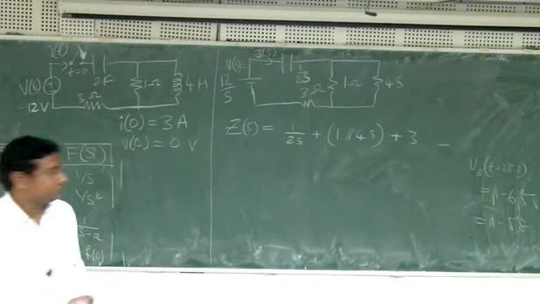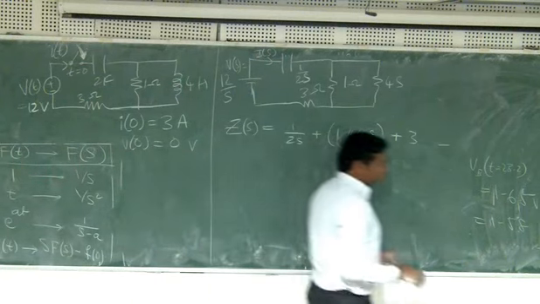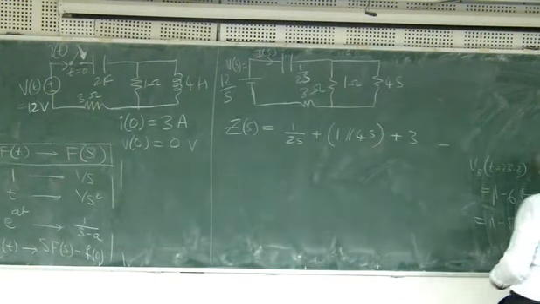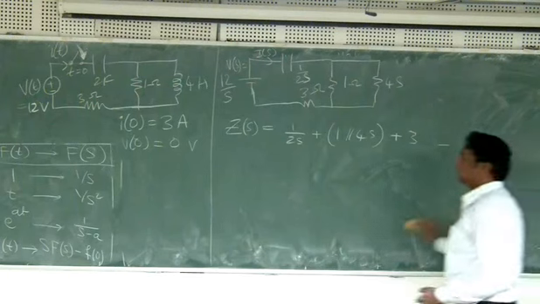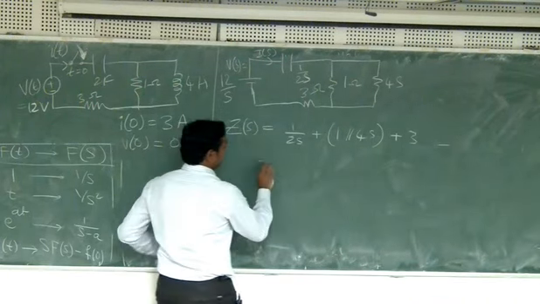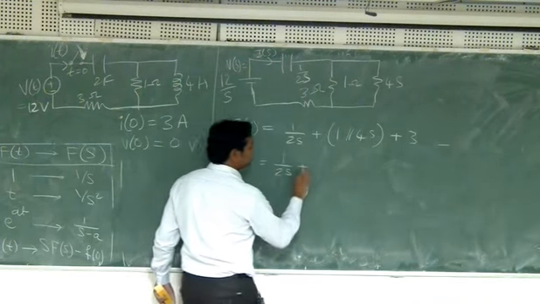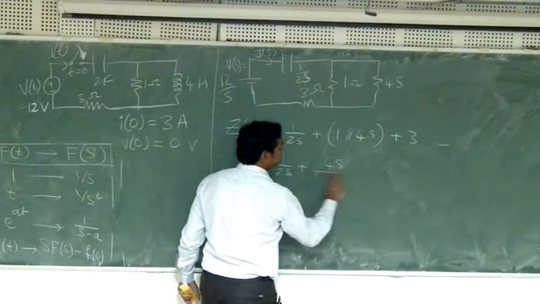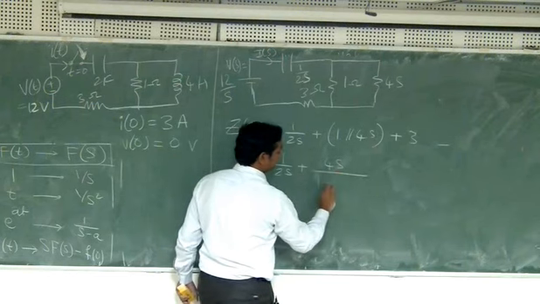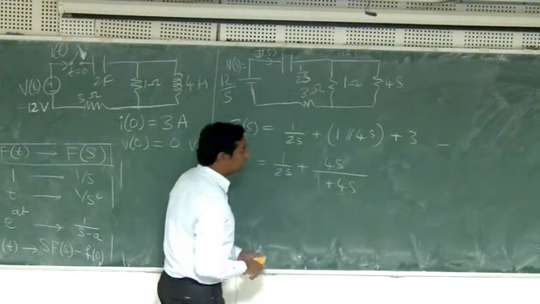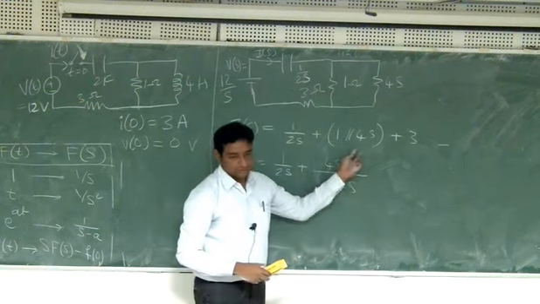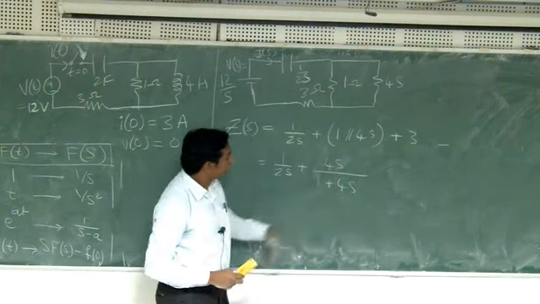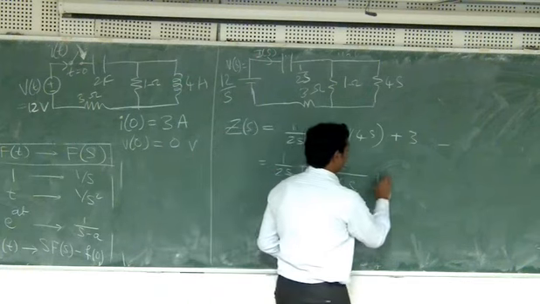Now I can write it: 1 by 2S plus 1 into 4S is 4S divided by 1 plus 4S. This is a parallel circuit, so Z1 Z2 divided by Z1 plus Z2, plus 3.